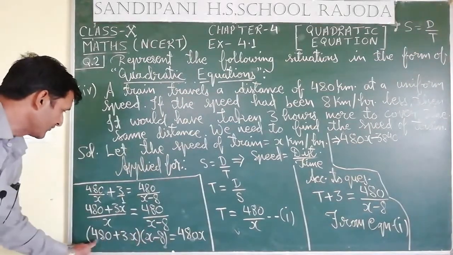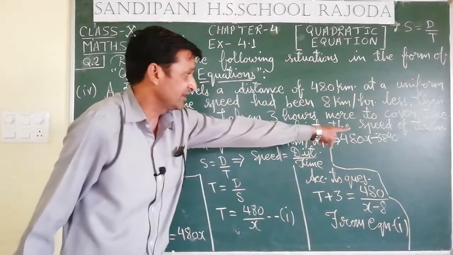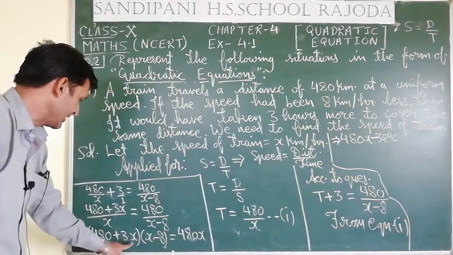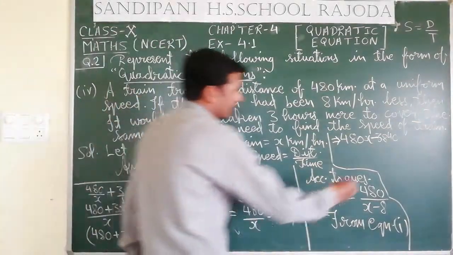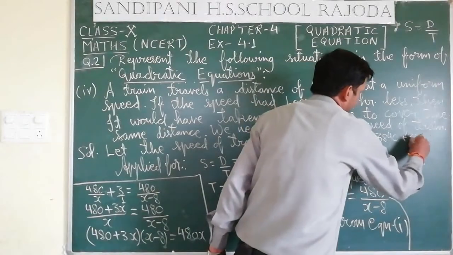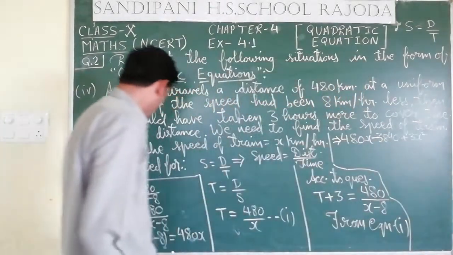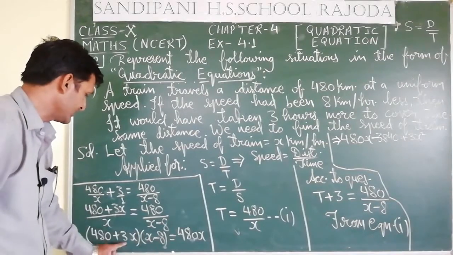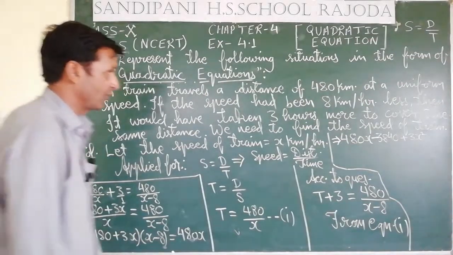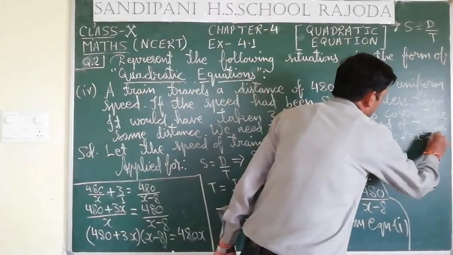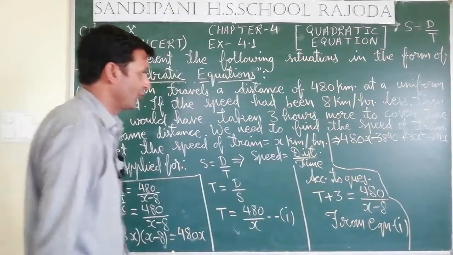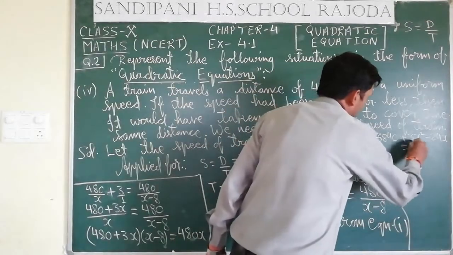So 480x minus 480 into 8 is minus 3840, plus 3x into x, that is 3x square. Now 3x into minus 8 is 8 3s are 24, minus 24x. Now equal to part is 480x only. This is equal to 480x.